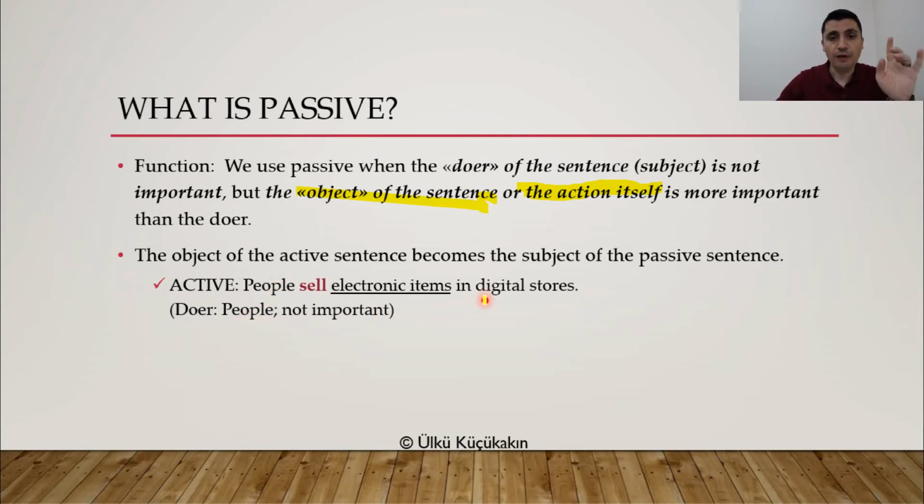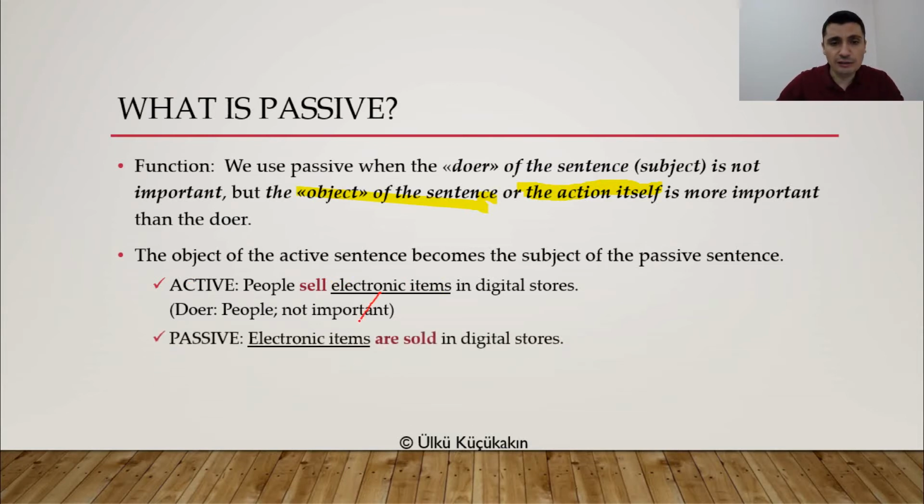But here, what is important is electronic items. So electronic items is the object of the active sentence. Now in passive sentence, it becomes the subject, because this is more important for us, all right? So in passive sentence, we say electronic items are sold in digital stores.